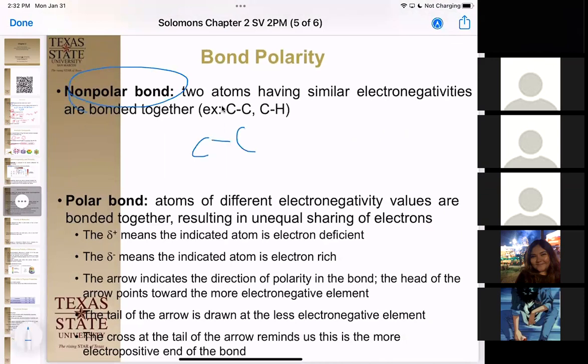So your carbon-carbon bond, your carbon-hydrogen bond, your nitrogen-nitrogen bond, anything with similar or the same electronegativity, less than 0.5 difference, are going to give us non-polar bonds. Now, non-polar bonds tend to be less reactive because which side do you attack? I mean, where's the chemistry? So we're going to see that those maybe don't do as much chemistry as the polar covalent bonds. So you want to look for those polar covalent bonds.